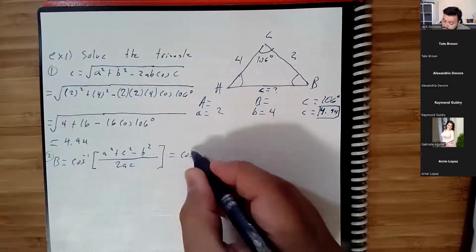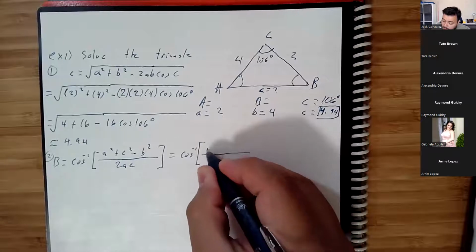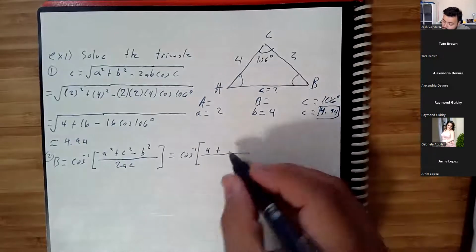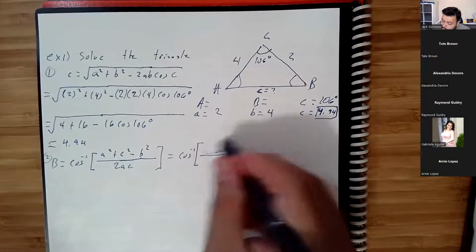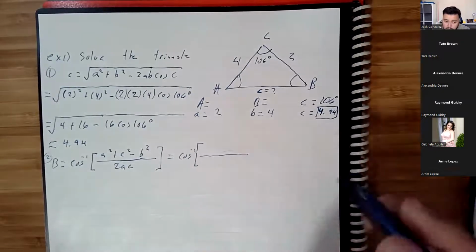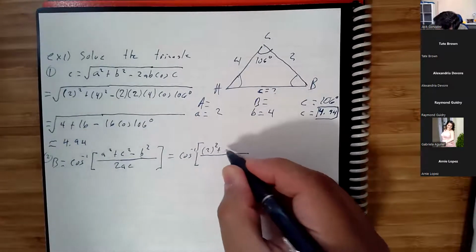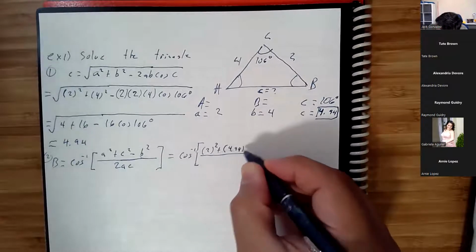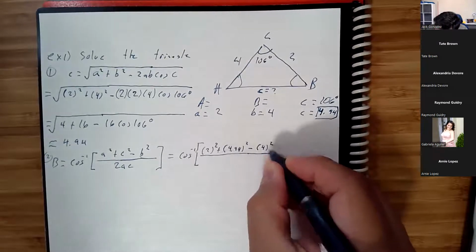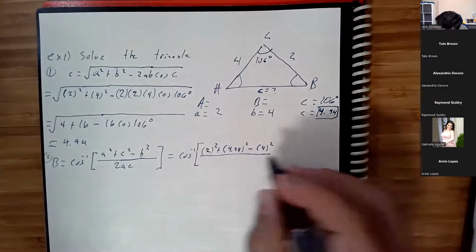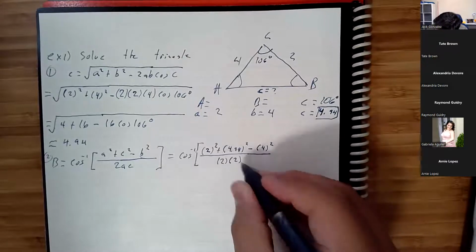So that's cosine inverse of 2 squared plus 4.94 squared minus 4 squared over 2 times a times c. There you go.